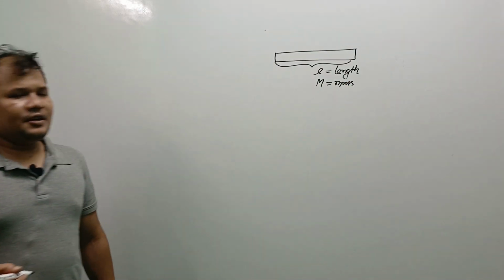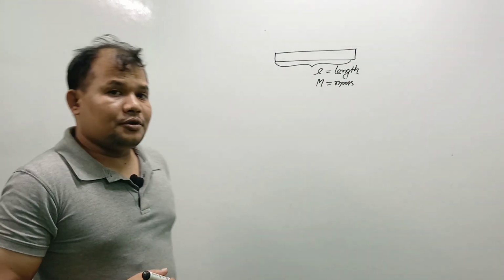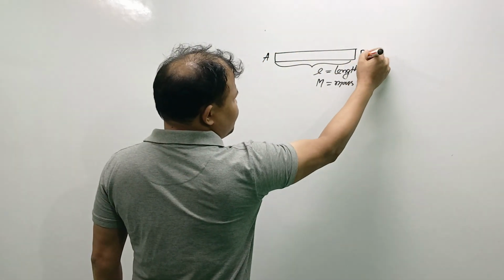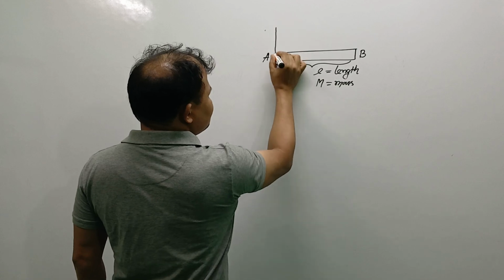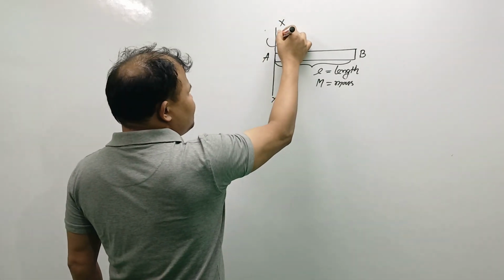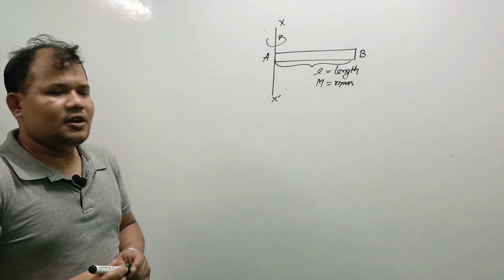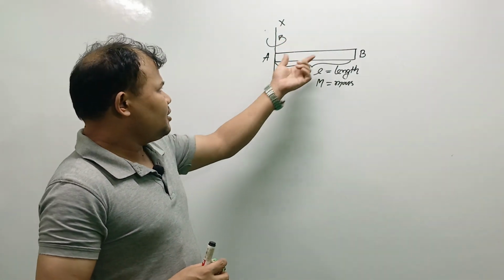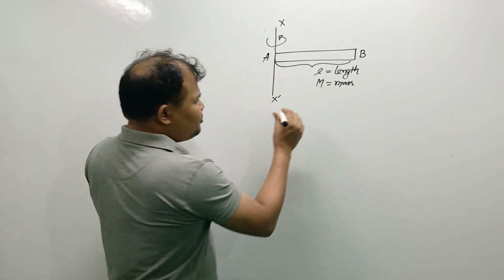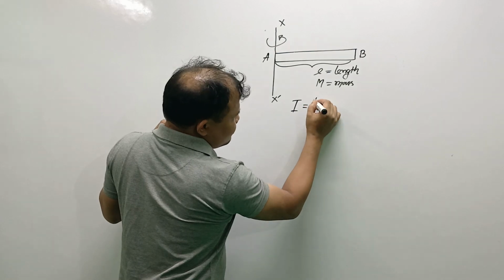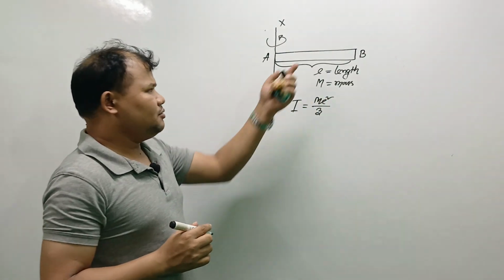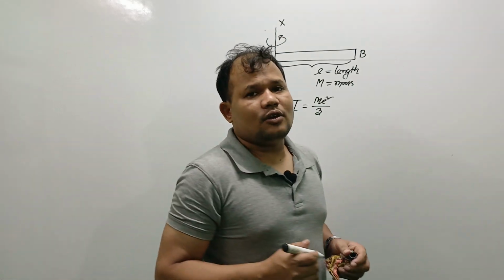If the rotational axis x prime passes through the side of the rod and is perpendicular to the length, then the moment of inertia is ML squared divided by 3. M is the mass and L is the length of the uniform rod.